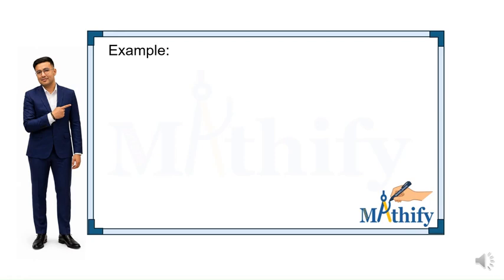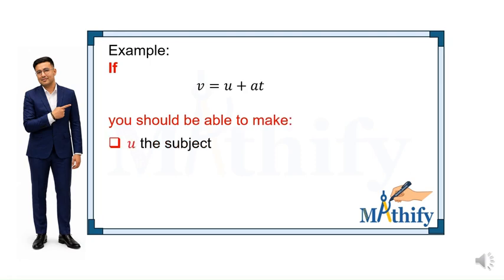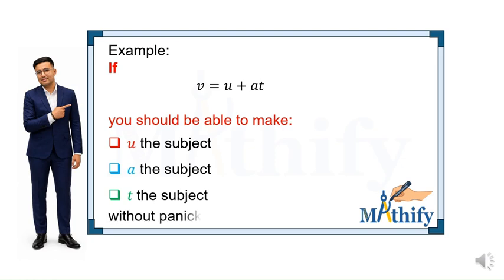For example, if V is equal to U plus AT, you should be able to make U the subject, A the subject, T the subject, without ever panicking. This is a key skill that every student should have. They should answer any rearranging formula confidently and know how to change the subject.